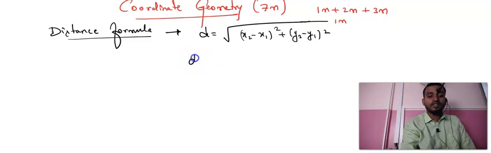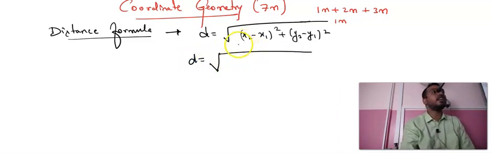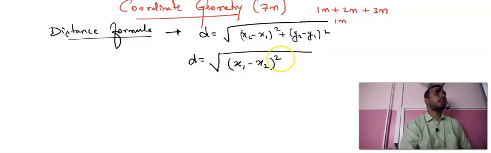If you write the formula like this also, it is right. Instead of writing x2 minus x1, you can also write x1 minus x2. Sometimes in choose the correct answers, they may give you this option. Be careful.